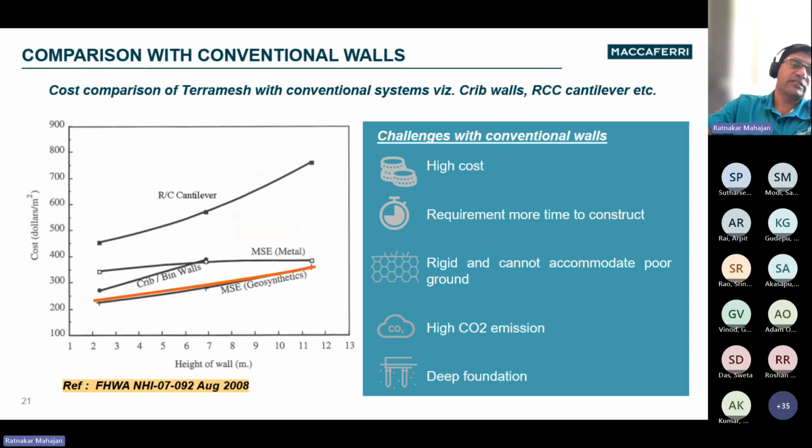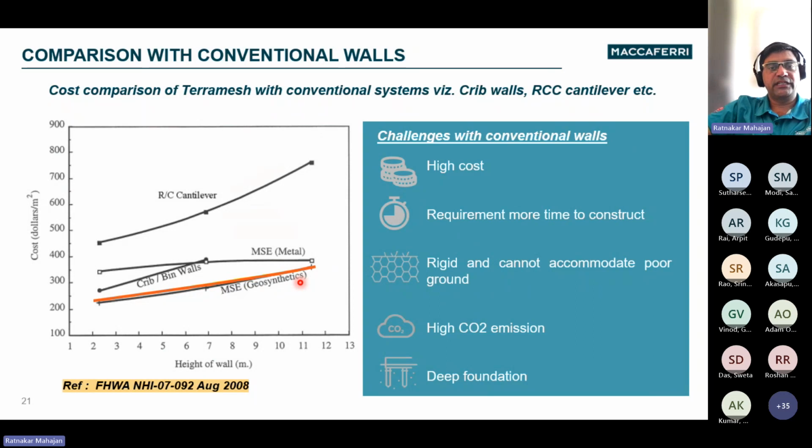You can see the most expensive solution is the reinforced concrete cantilever retaining wall, followed by the MSE wall, or the reinforced soil wall with metal, typically metal strips or steel rebars, and then the crib walls and beam walls. Of course, you cannot construct crib and beam walls to very tall heights, typically lower heights. However, if you look at the TerraMesh system, using geosynthetics, this is the lowest of all the options.